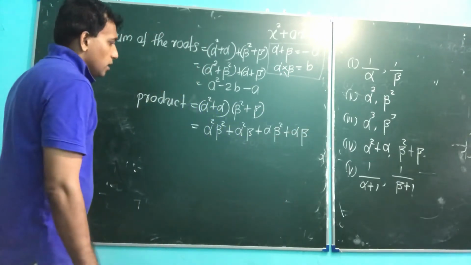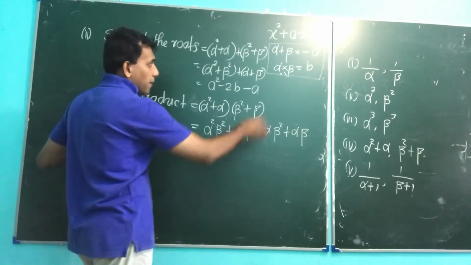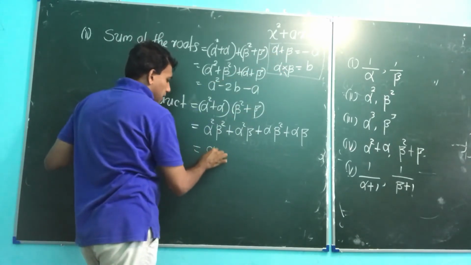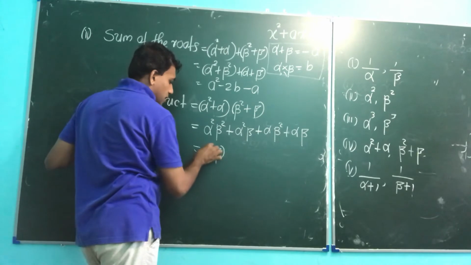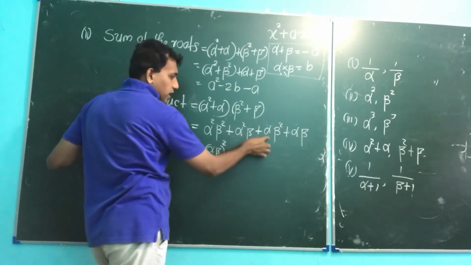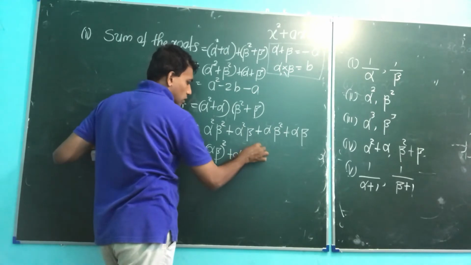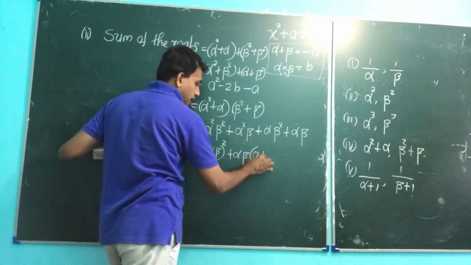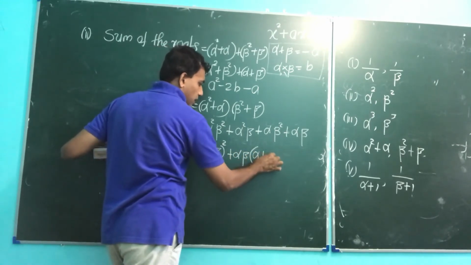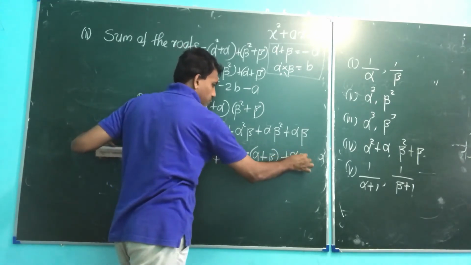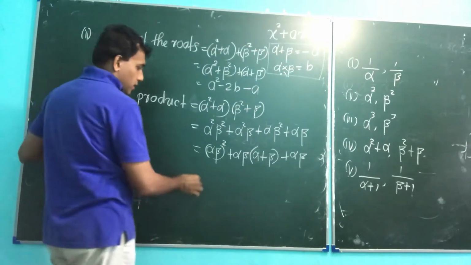Now the main part is to apply the values of alpha plus beta and alpha into beta. Take alpha beta out. The remaining factors are alpha plus beta and plus alpha beta.